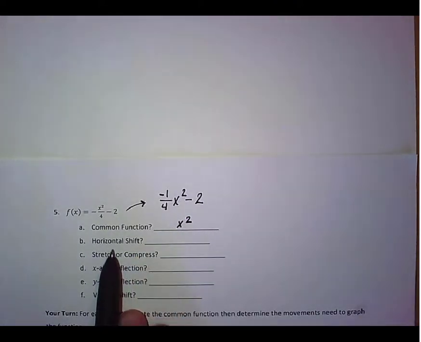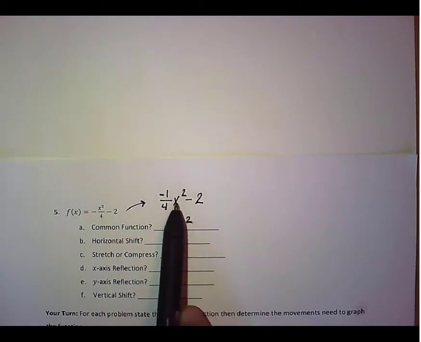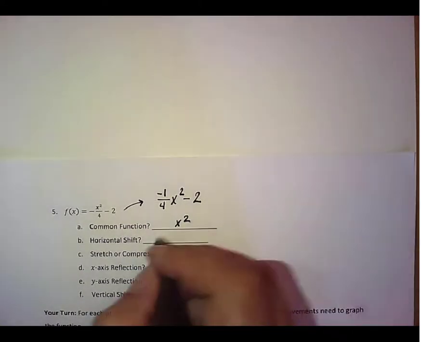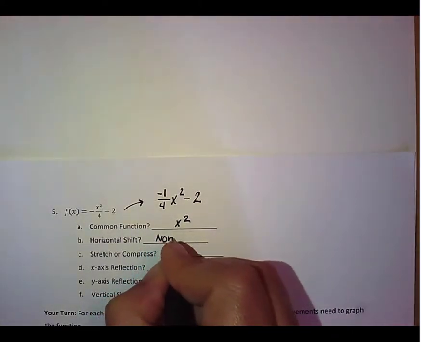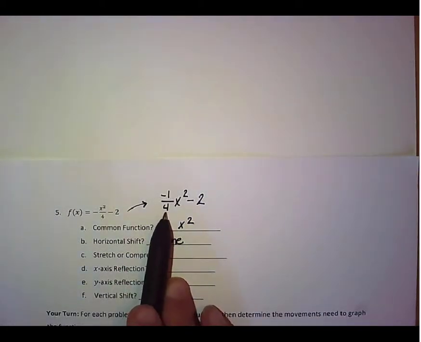Now on this one, we do not have a horizontal shift. That negative 2 is actually our vertical shift because it's outside of the x squared. It would have to be inside with the x for it to be a horizontal. So this would be that we have none. We do have a stretch or compress because we do have a number sitting out in front of our x squared. That is 1/4.